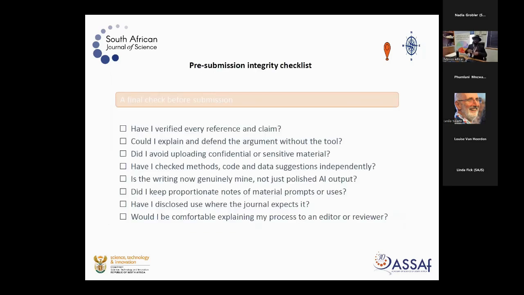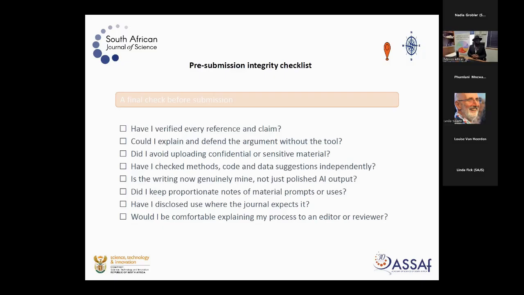Okay, before submitting your manuscript, these are the final pre-submission checks that you must use. So you want to ask yourself: have I verified every reference and claim? Could I explain and defend the argument without a tool? Did I avoid uploading my confidential manuscript into a public platform? Have I checked the method, the code, and the data suggestions independently?